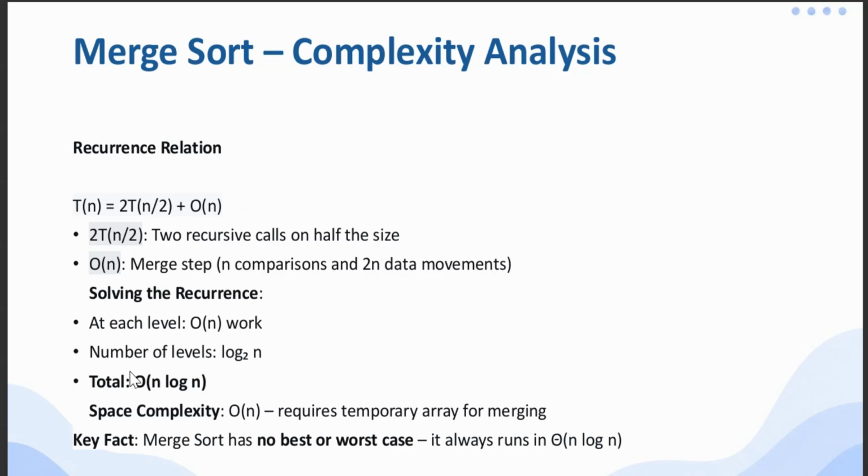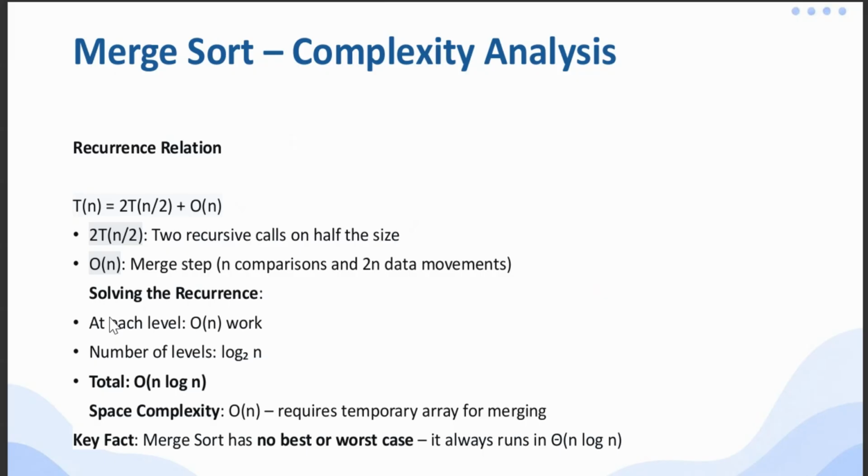To solve this recurrence, we can use the master theorem, right? For example, level 0, which is the top, is the original problem of size n. It does O(n) work in merging, right? So in level 1, two subproblems when we divide the array into two halves, which have n/2 elements, and each does O(n/2), right?